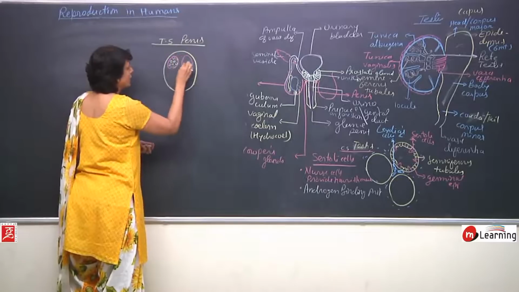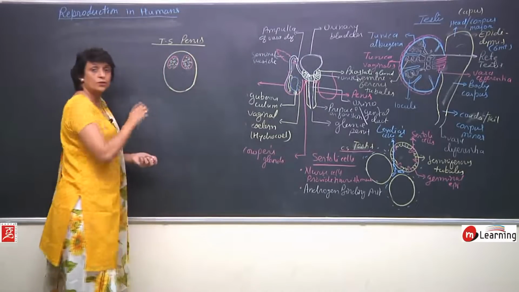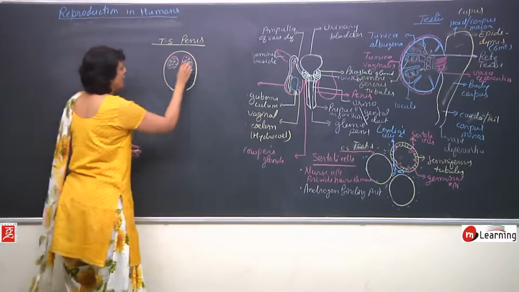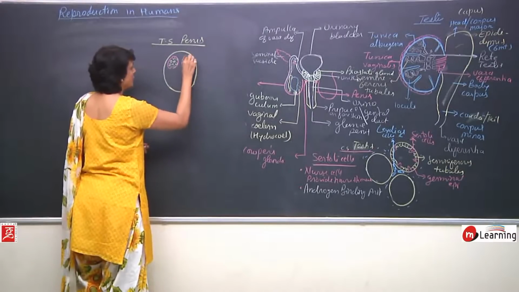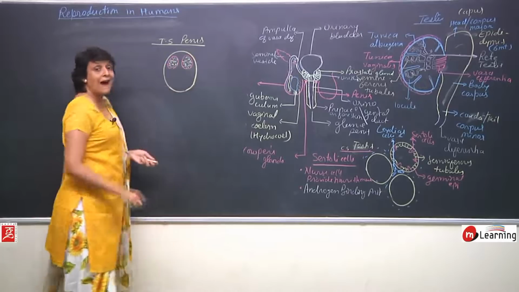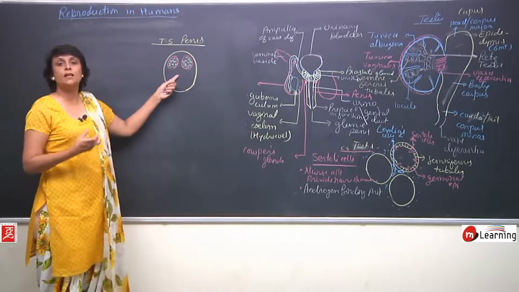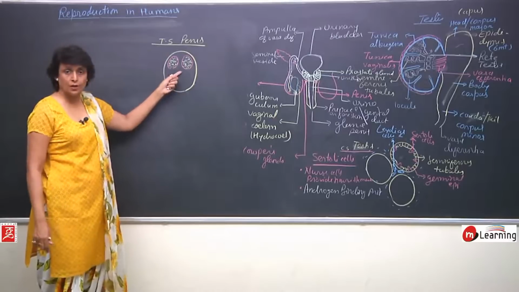So all these circular things are the blood vessels which have been cut when we took the cross section of this structure. And then there is connective tissue. So it is highly vascular, and it becomes hard and erect because of this tremendous blood supply which goes here.